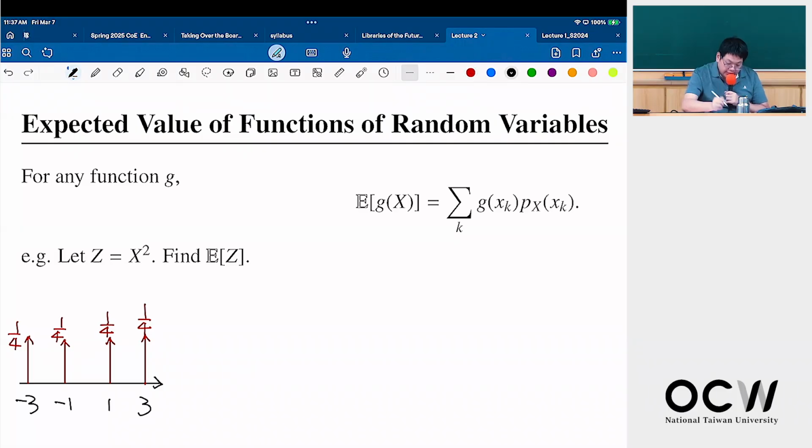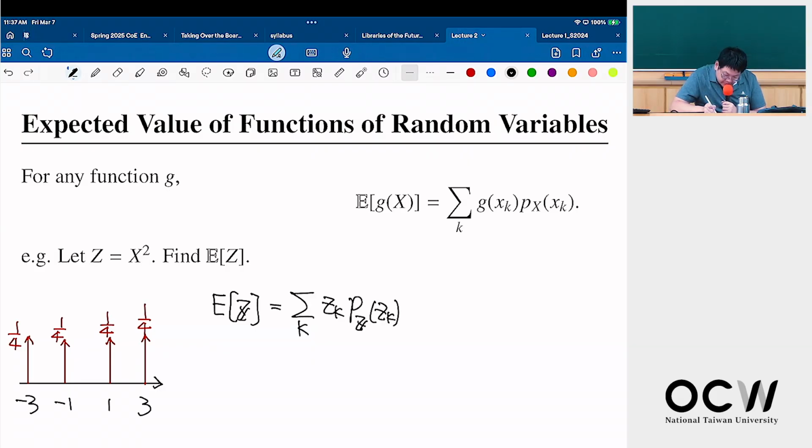Now I want to find the expectation of z. According to the definition, I need to consider all possible outcomes zk times their corresponding weightings, which is the PMF of z.